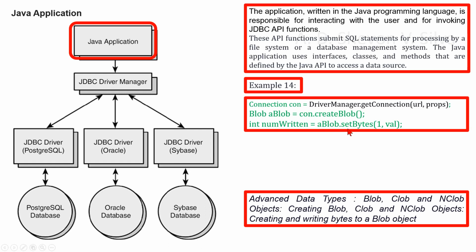Data may be added to the object by calling one of the setXXX methods in the Blob, Clob, or NClob interface. In this code example, the method connection.createBlob is used to create an empty Blob object.